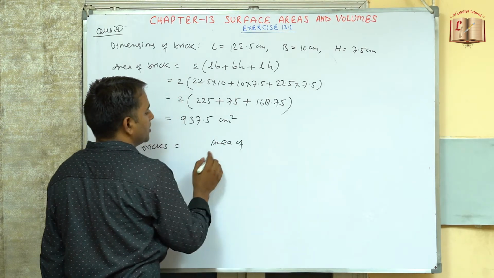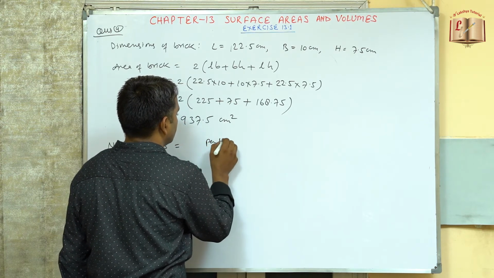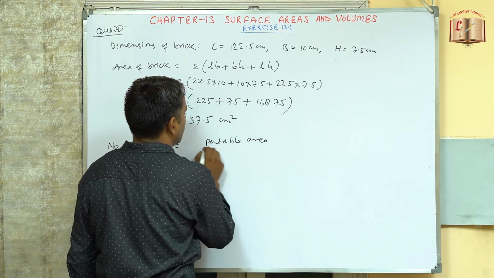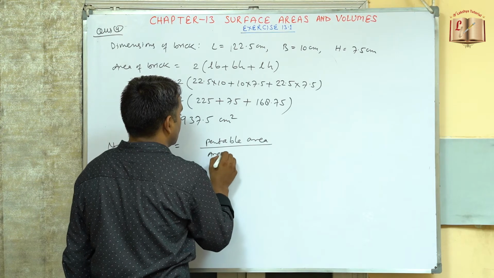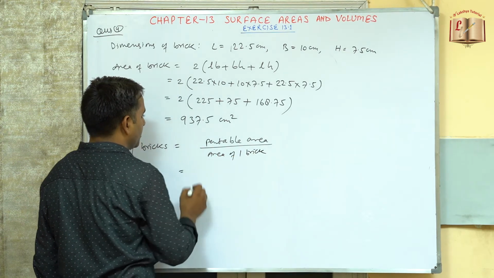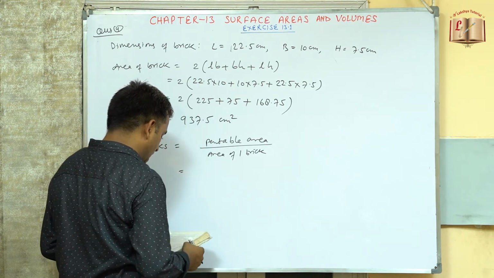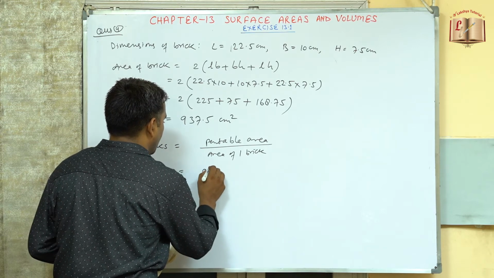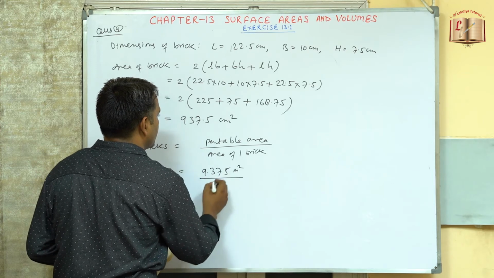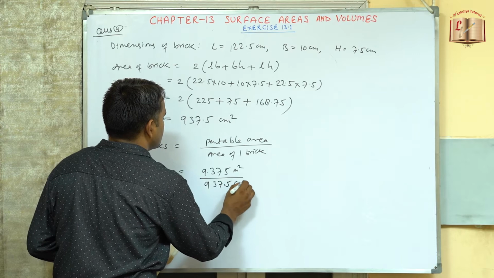Now the number of bricks will be equal to the paintable area divided by the area of one brick. The paintable area is already given to us as 9.375 meter square, and the area of one brick is 937.5 centimeter square.